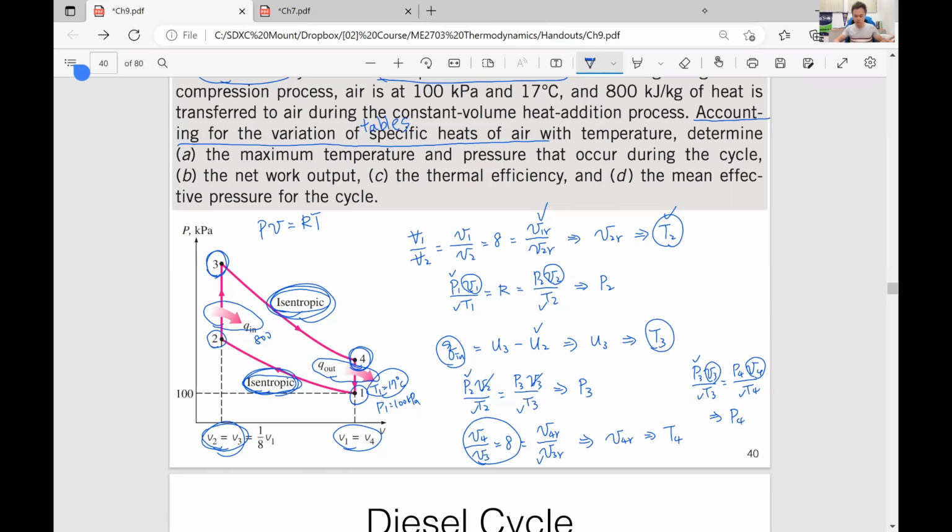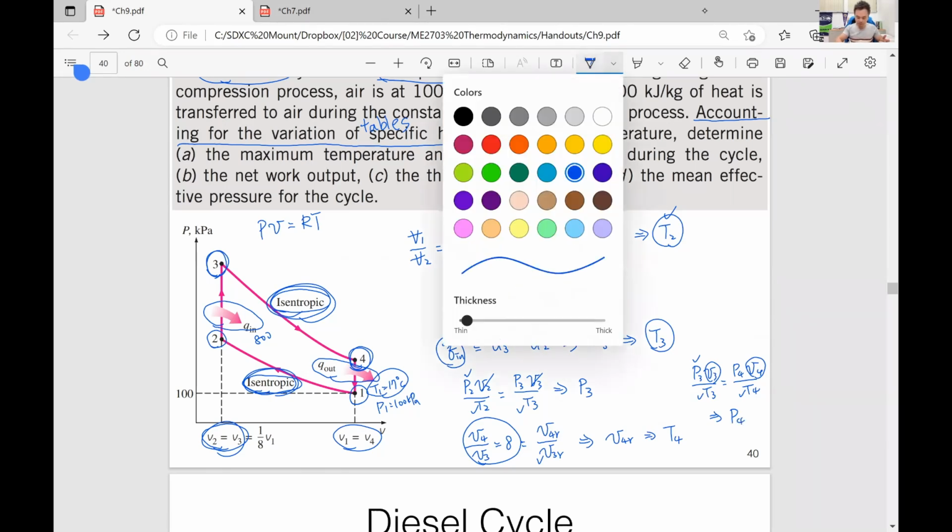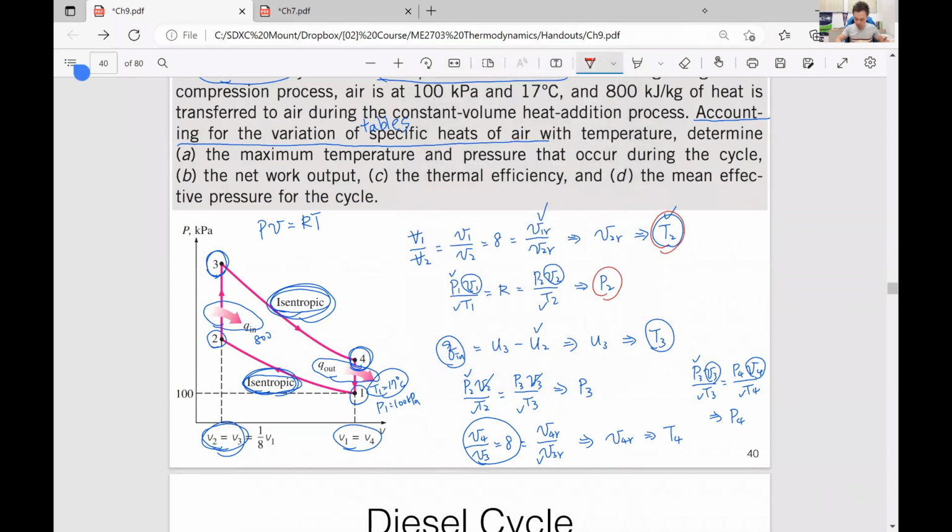Okay, so that's it. So you have T2, P2, T3, P3, T4, and P4. You got all the temperatures and pressures. So now you can easily determine which one is the maximum.